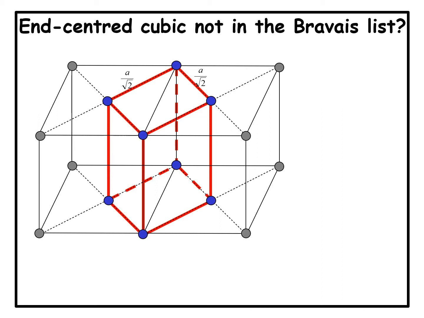The third side is not equal, and that is equal to the edge length of the original cube. So this red unit cell, in terms of lattice parameters, satisfies the criterion for a tetragonal crystal system. Two sides are equal, third is not equal, and all angles are 90 degrees.